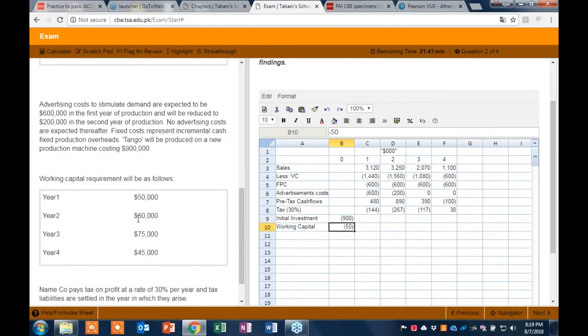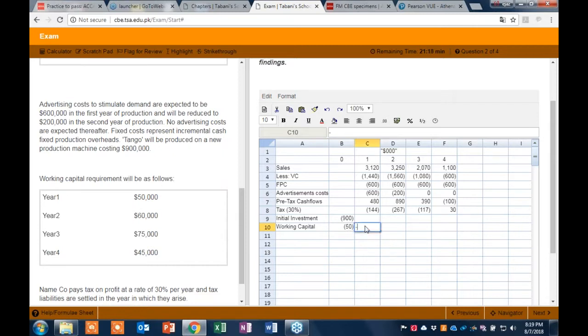Now, in the next year, the requirement is increasing by $10,000. So a total of $60,000 will be required for the second year's operation, and it will be injected at the end of year 1, so that we can carry out our day-to-day task in year 2. The total required investment will be $60,000, of which $50,000 have already been invested at point zero.